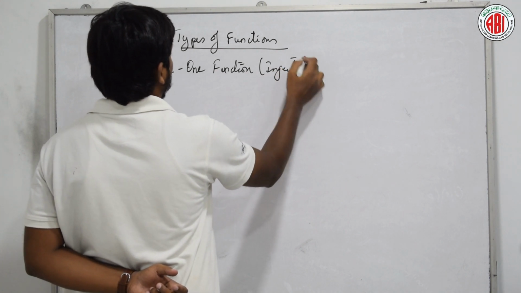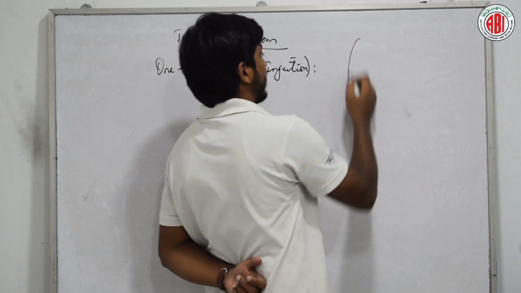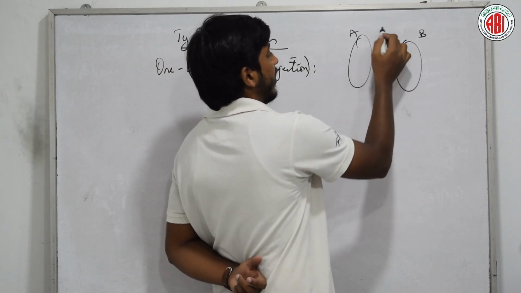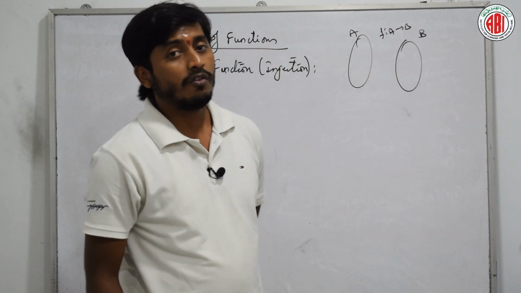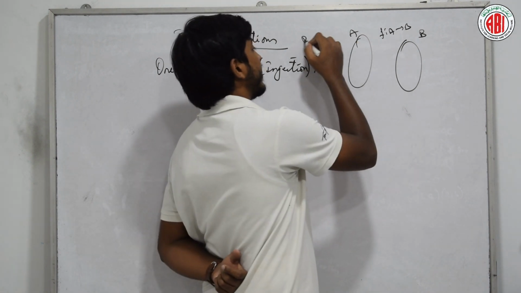What is this 1-1? We discussed two sets, set A and set B. Then f is a function from A to B. What are elements in A called? These are called pre-images.